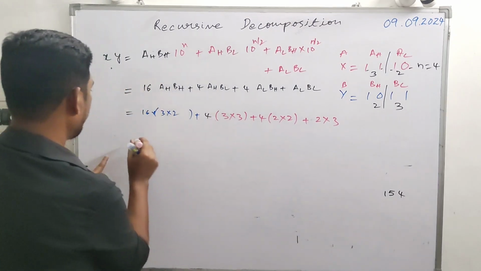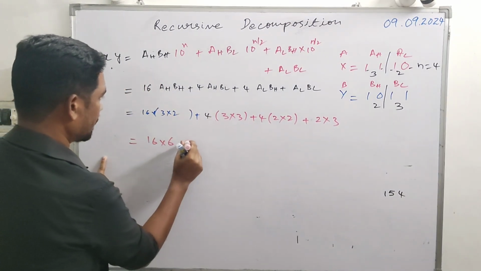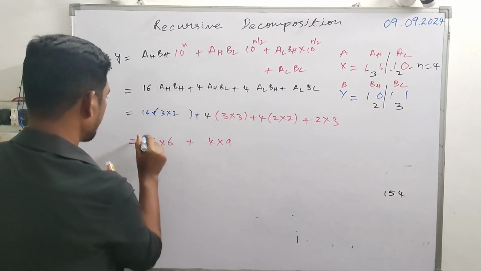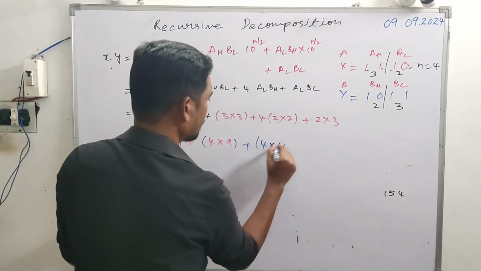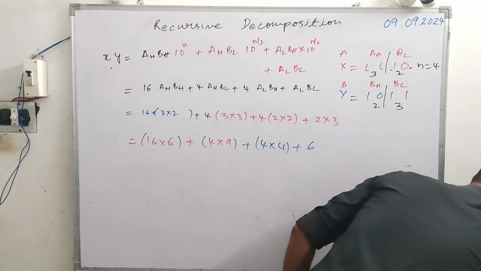2 into 3, and here we go, 16 times 6 plus 4 into 9, plus 4 into 4 plus 6. At this point I need the help of a calculator, guys.